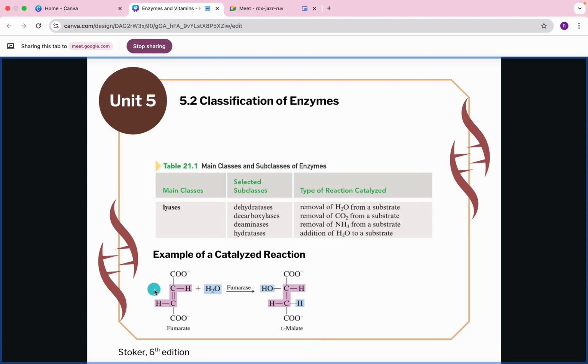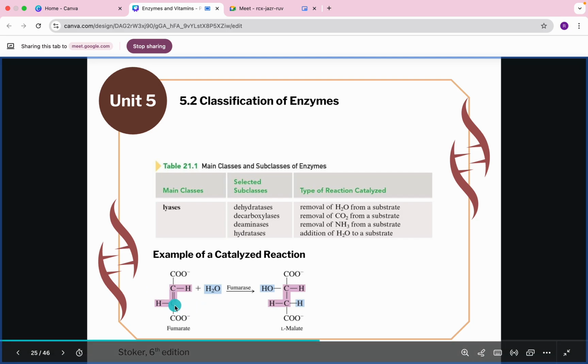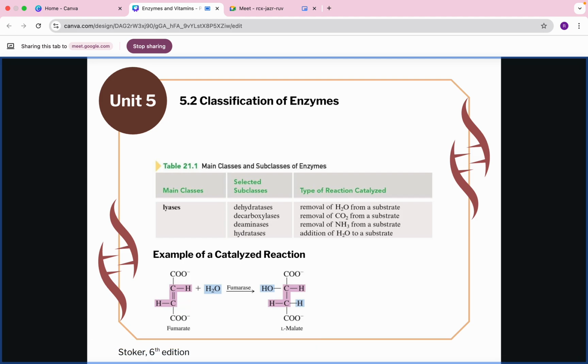So it actually forms a bond with the hydroxyl group of water. And on this carbon, the remaining hydrogen from water actually bonds. So possibly there is a cofactor or coenzyme involved in the reactions of lyases.